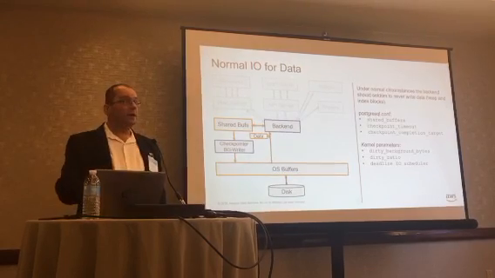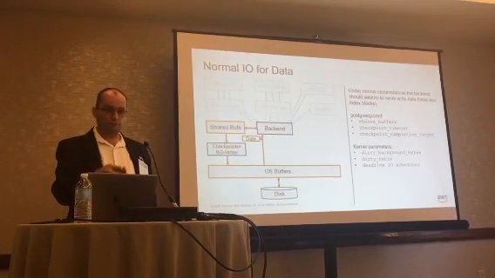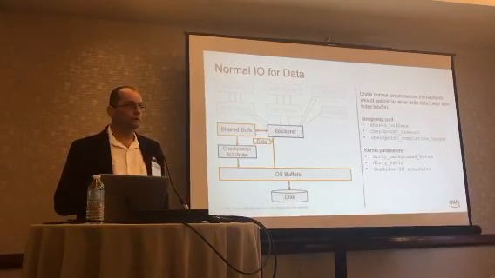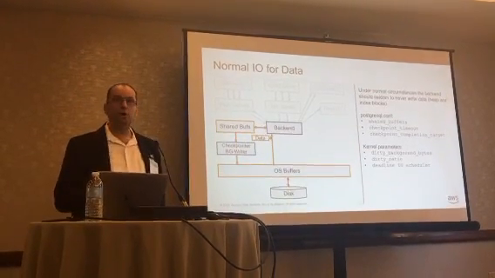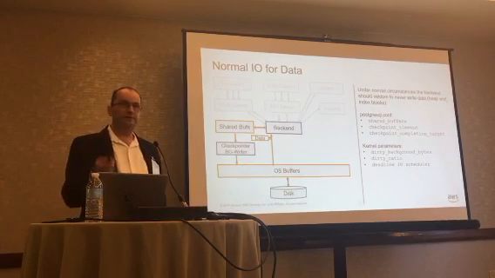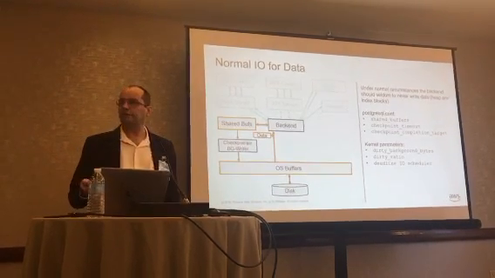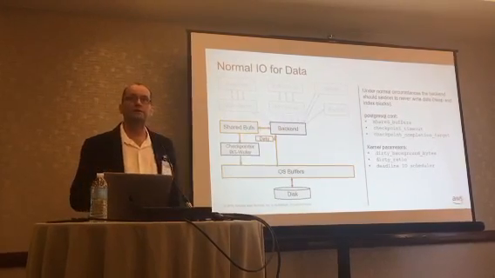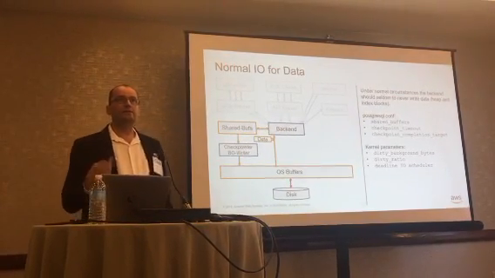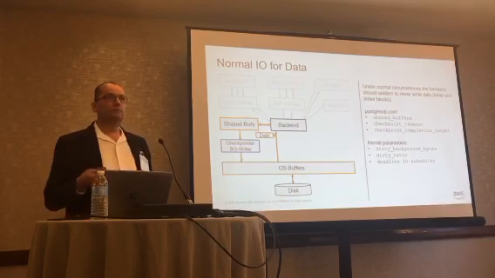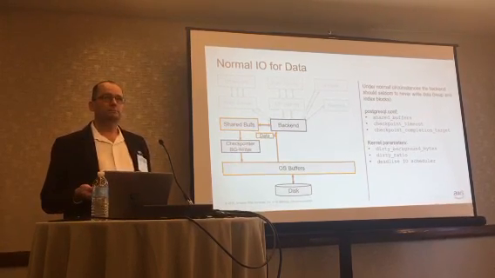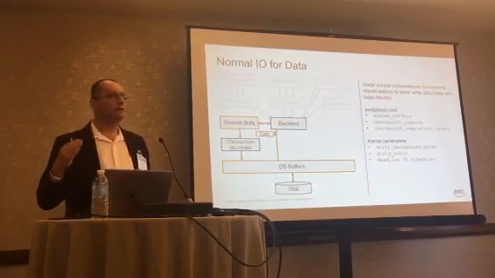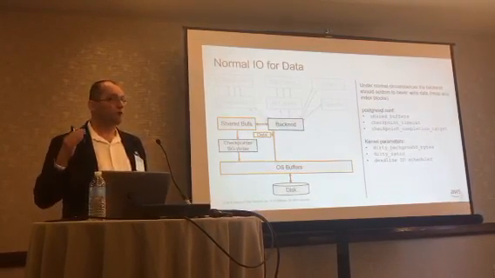The other extreme that we see here is, of course, if we want to optimize for total throughput. At that moment, I need to look at this other parameter, the dirty ratio. The dirty ratio is the percentage of OS buffers that need to be dirty for the kernel to completely block write system calls. The write system call at that moment, if that many OS buffers are dirty, will block.